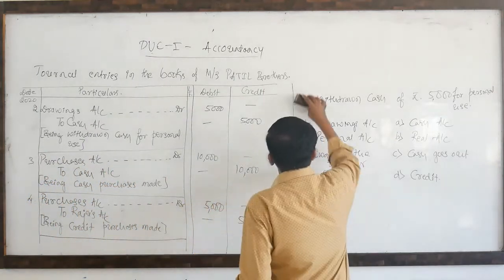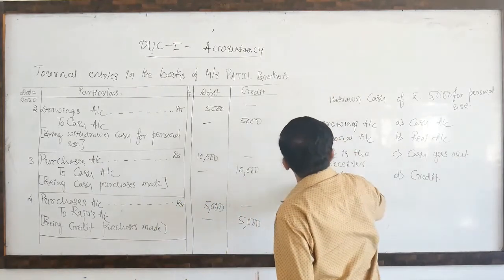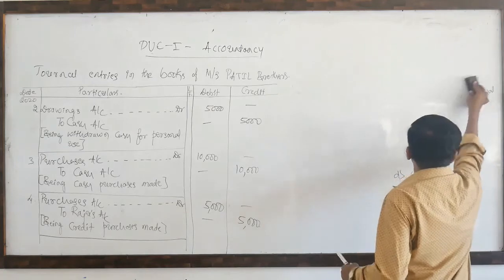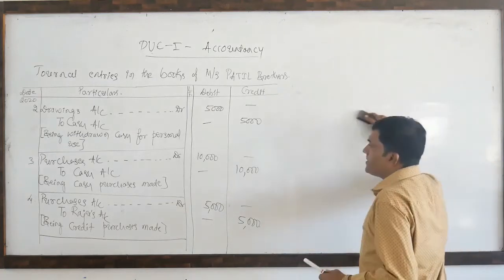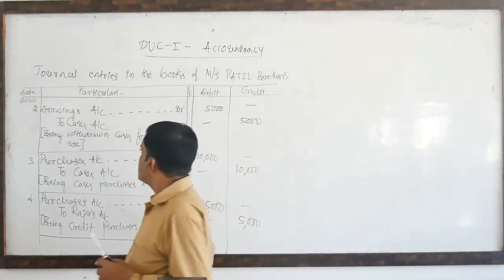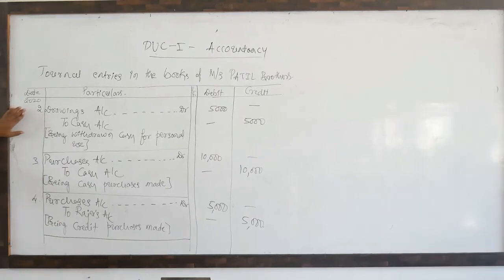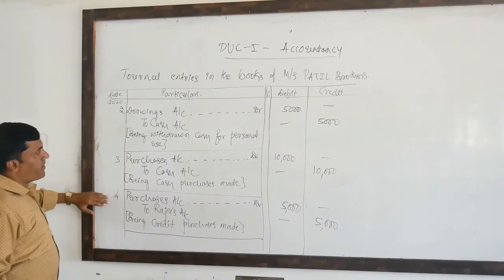So in today's class, I would like to say some more examples for the journal entries. So dear students, keep in mind the entries are to be very clear. They should be in chronological order.